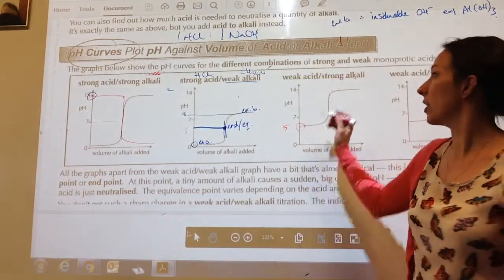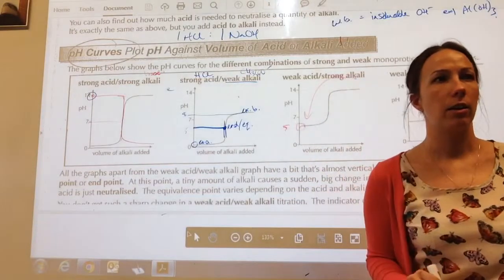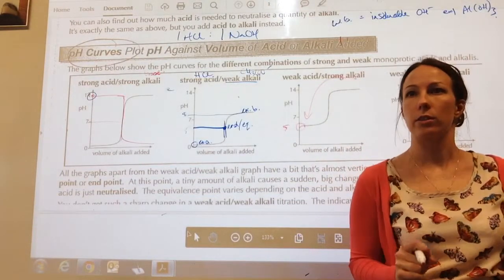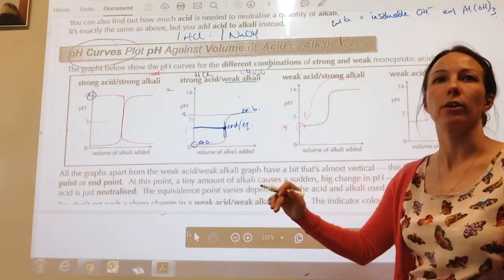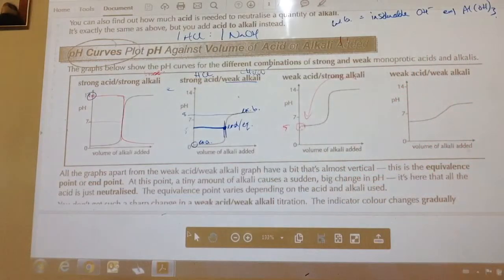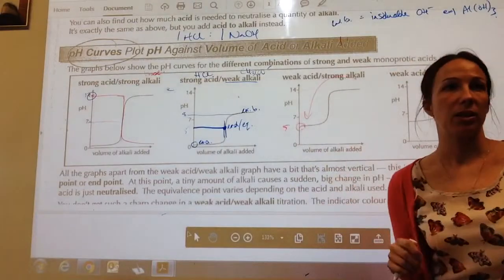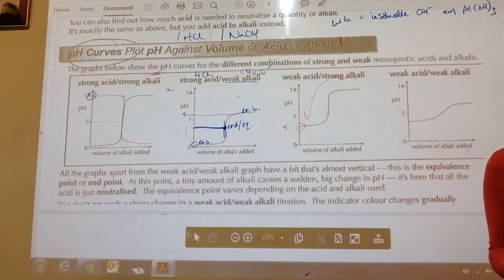Because it's so weak and you dump a strong thing in there and it jumps at first, and then it can buffer. So that little hiccup exists if I'm adding something strong to something weak. Other than that, pretty self-explanatory graph. It's just like the others.